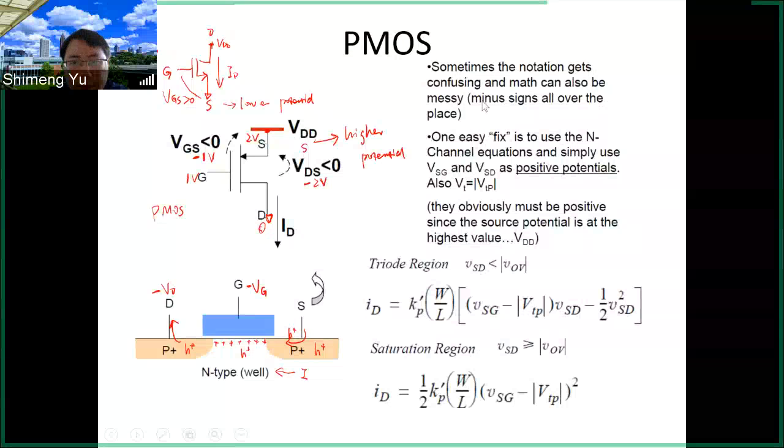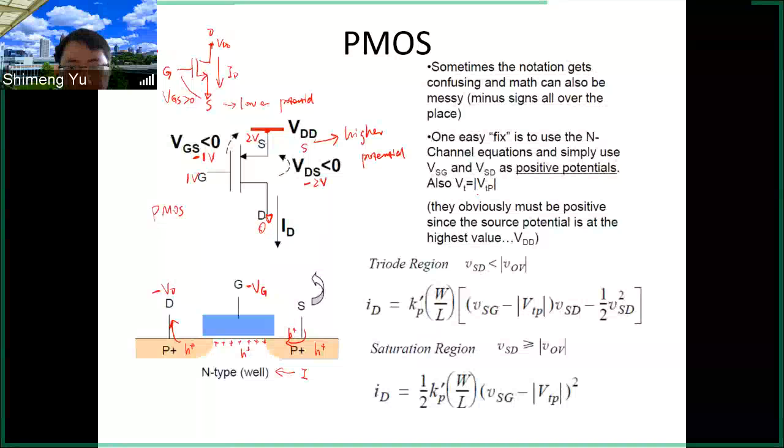So sometimes it can be confusing. My suggestion for you is to always use the absolute value in the PMOS. Then you can use the same conclusions, the same IV equations as the NMOS. That means we have to take the absolute values for the PMOS. So for PMOS, the threshold voltage is also negative.